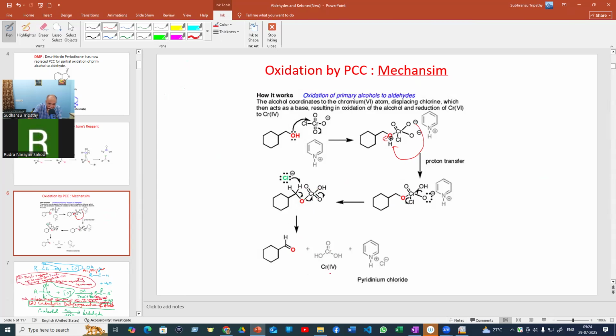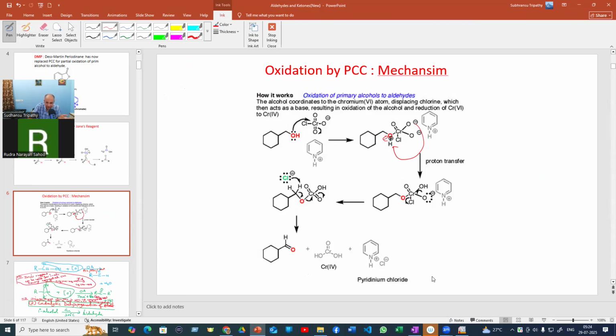So you get chromium 4. Chromium is reduced from +6 to +4. And of course, if you find the oxidation number, the 1 degree carbon is oxidized. Definitely it is oxidized. So you get the benzaldehyde.